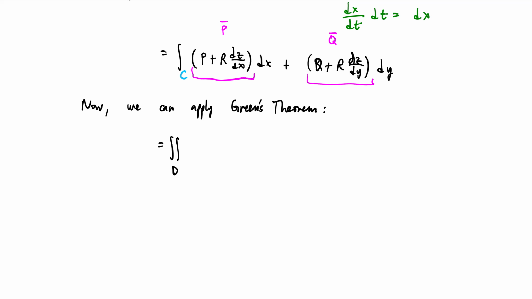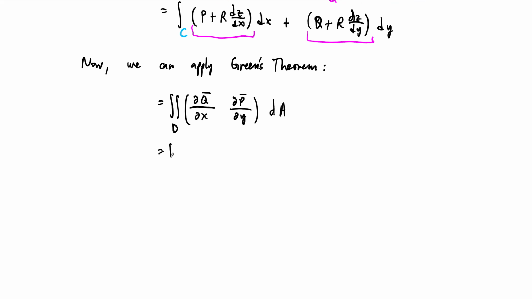Green's theorem says that this path integral can be computed as a double integral over the parameter domain D up above of dQ hat dx minus dP hat dy, all integrated with respect to area. We can write this out now.